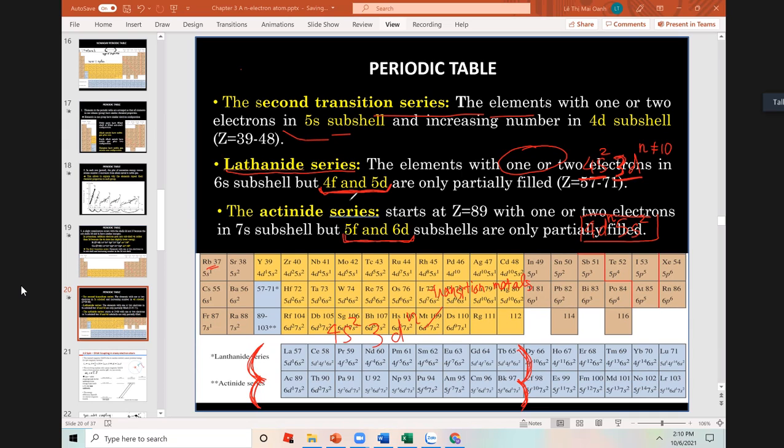In this case, you can see that the outer subshell is unoccupied, while the inner subshell is occupied. You can see the lanthanide series in this position in the periodic table, and the actinide in this position in the periodic table.